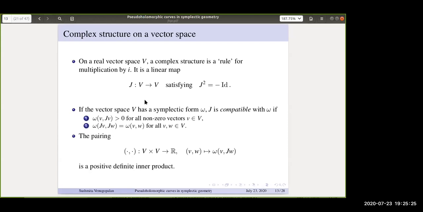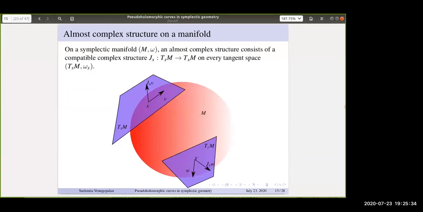Any other questions? Okay. There is a question in the chat box. Is there any cohomological obstruction on a manifold to have a symplectic and almost complex structure? So as Ankur pointed out, if you have a symplectic structure, almost complex structures are guaranteed to exist. So the question I need to answer is cohomological obstructions for the existence of a symplectic form.